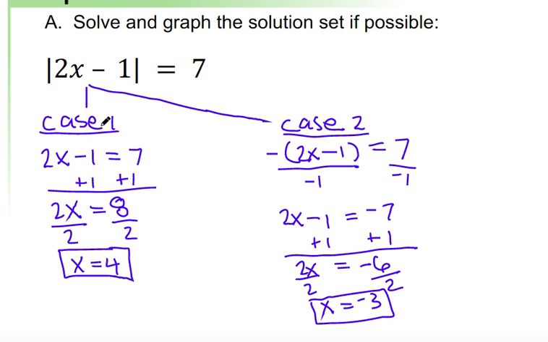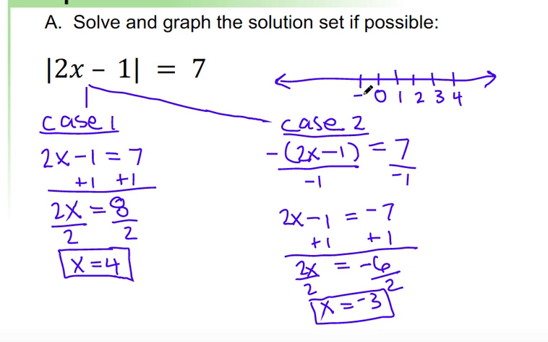So in case 1, I get x equals positive 4, and in case 2, I get x equals negative 3. So let me graph this solution set. Again, the solution set is 4 and negative 3. So here's what that's going to look like. I just draw myself a number line. I could put 0, 1, 2, 3, and 4 here.